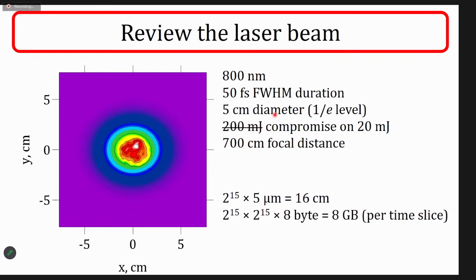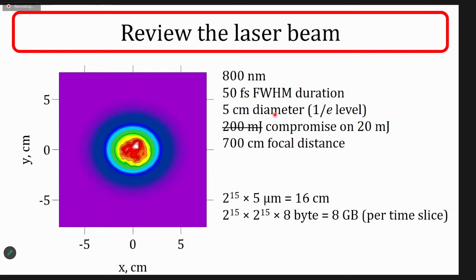Here we consider 7 meter focusing. And if we want to put this beam on the grid, we're actually in quite some trouble, because if we desire a 5 micron resolution for the spatial coordinates, then one temporal slice is about 8 gigabytes.